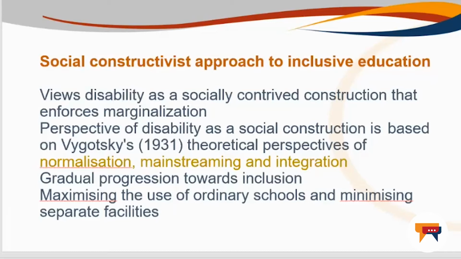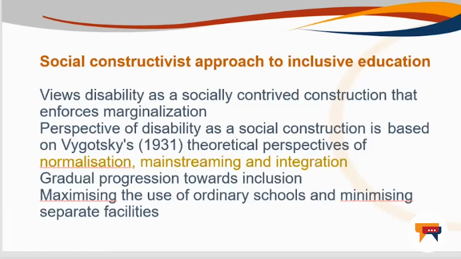So first, segregation, and then we saw more normalization, so regarding disability as normal or as natural human variation. And then mainstreaming, which is limited because the focus is on making that learner fit into the mainstream, okay? And then integration, making them part of the mainstream, but not a support.